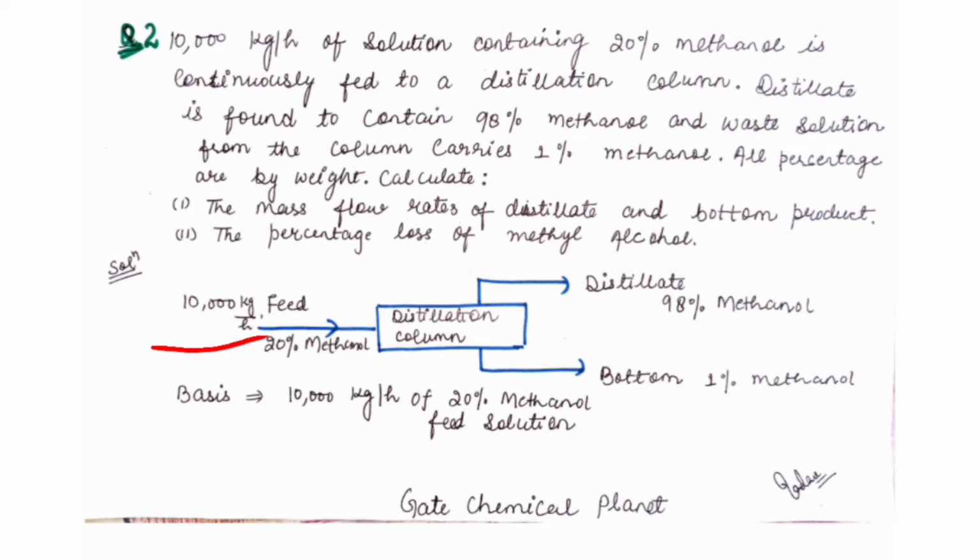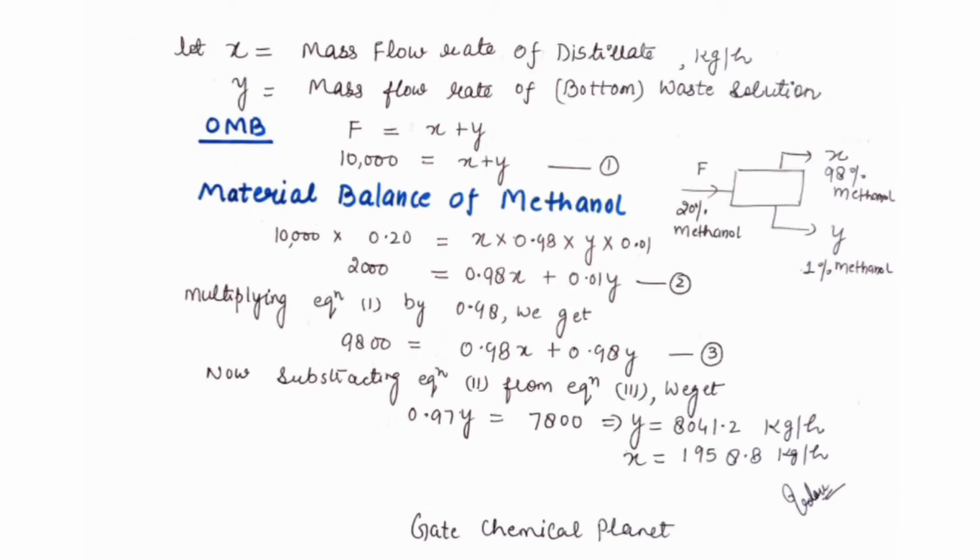So now how will we proceed? Let X be the mass flow rate of distillate. You can also take D as the mass flow rate of distillate. In the calculation I am taking X as the mass flow rate of distillate, in kg per hour, and Y is the mass flow rate of bottom.